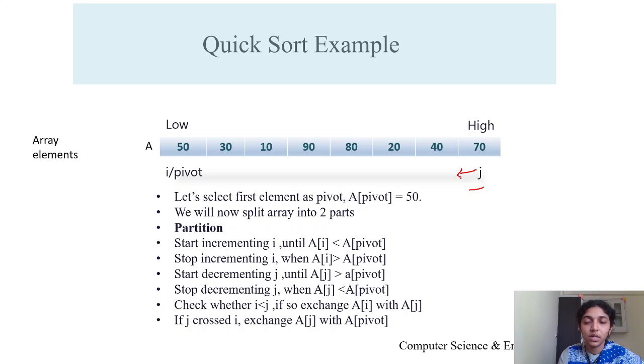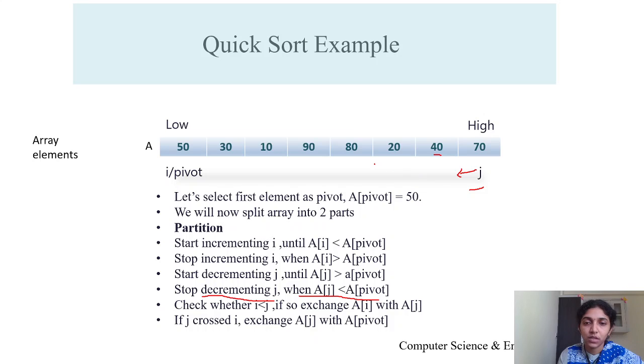You keep decrementing j as long as the element pointed to by j is greater than the pivot element. In our case 70 is greater than 50, so it will start decrementing j, that is j minus minus. Till where do you have to do this? Stop decrementing j when a of j is less than a of pivot. As soon as you can see here, 40 is less than 50, so now you have to stop decrementing j.